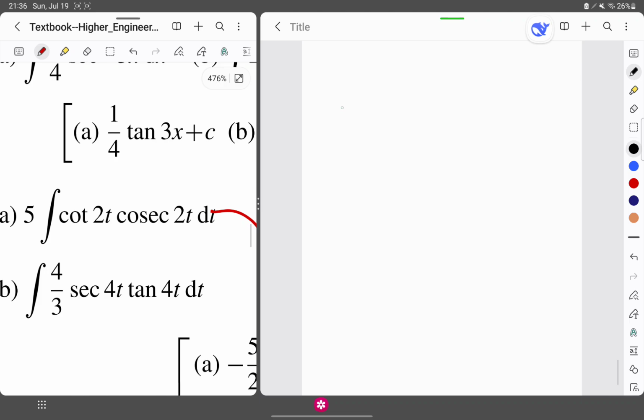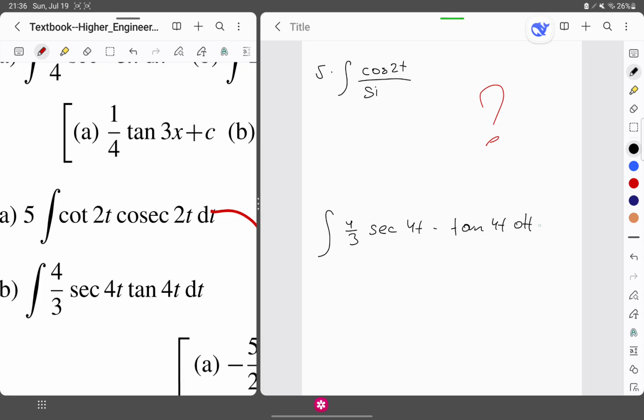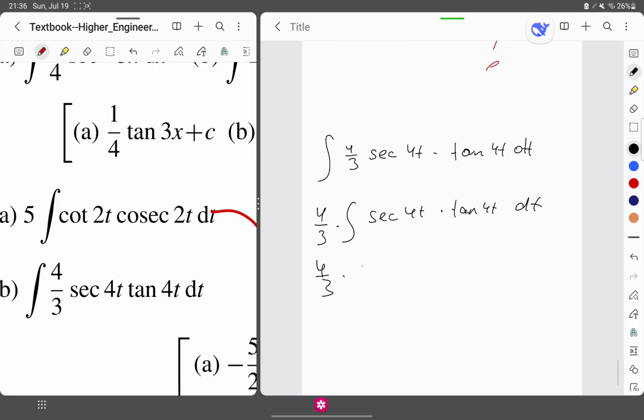What about this one? 4 over 3 secant 40 times tan 40 dt. I was really confident, but now, secant 40 times tan 40 dt. 4 over 3 times secant is what?